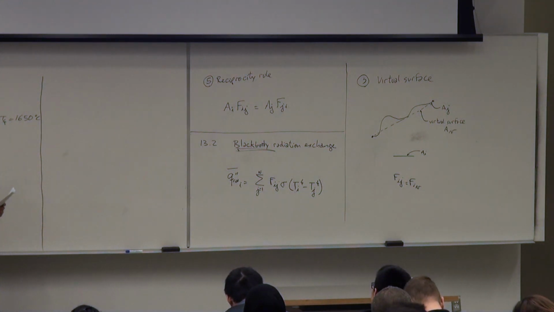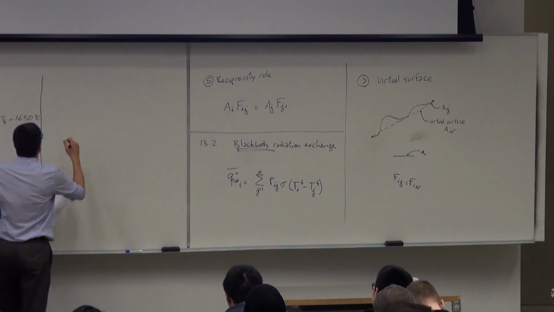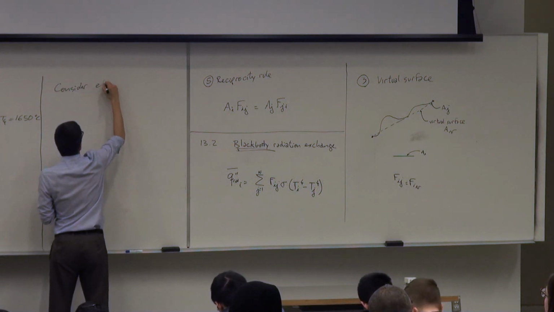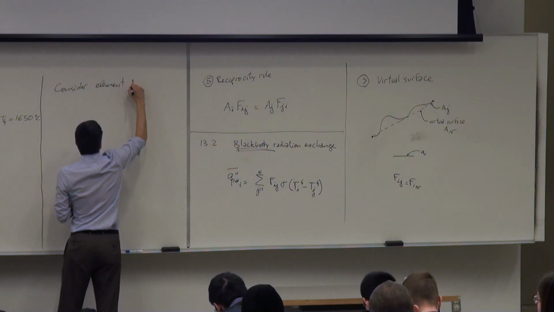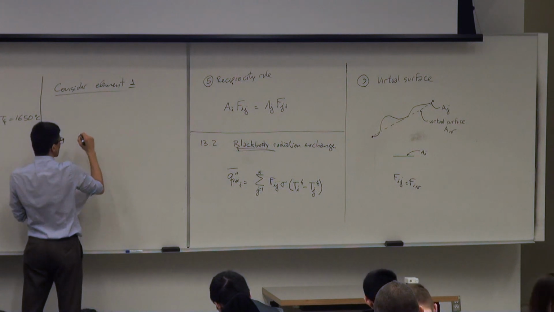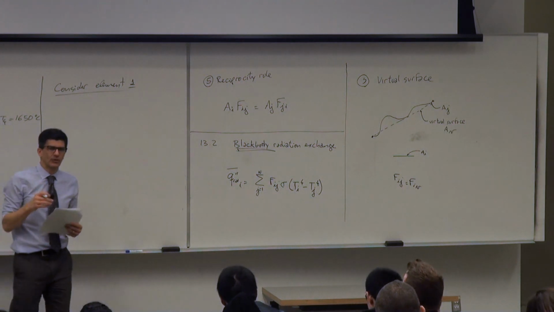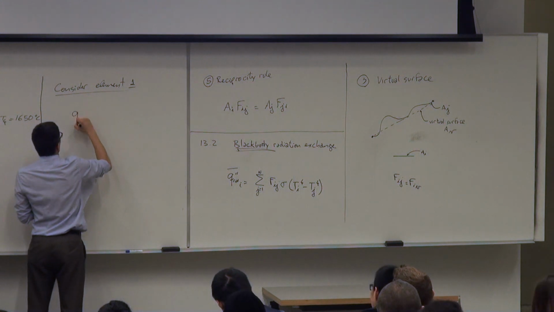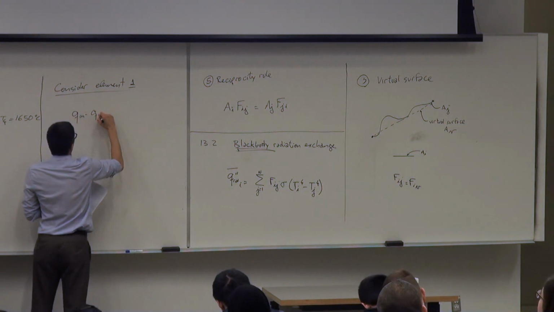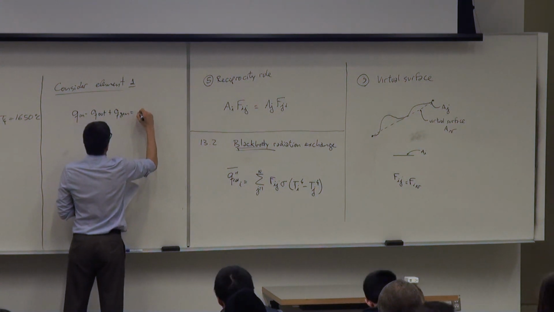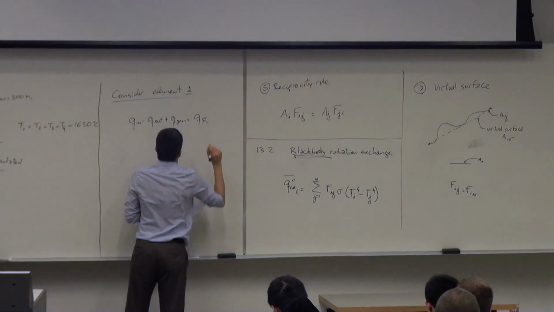So, all right, let's consider element 1. The question is, how much electrical power do I need to put in there? So, for the sake of good old times, I would say Q in minus Q out plus Q generated equals Q stored.